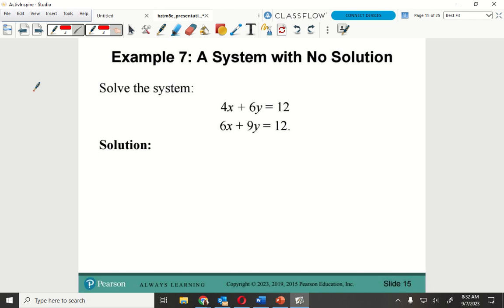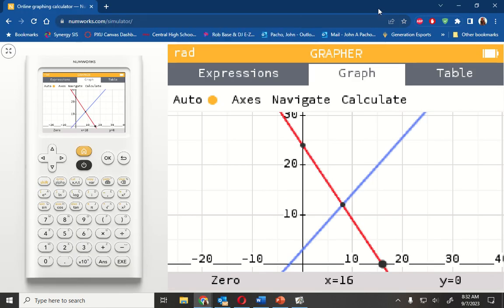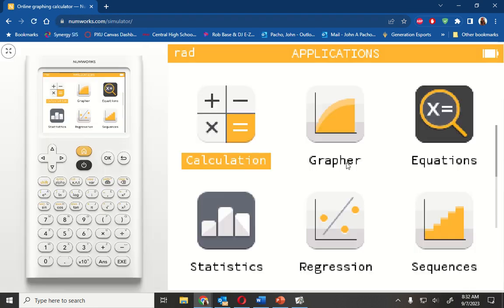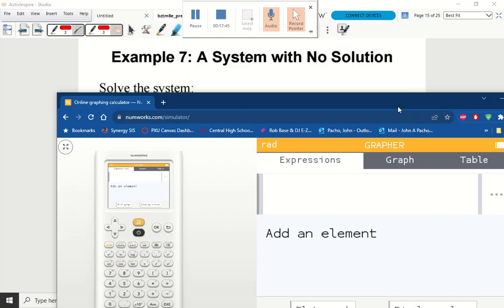Okay, we're entering this into the calculator. If you're using the web browser, all you have to do is hit refresh, and it will clear it out.